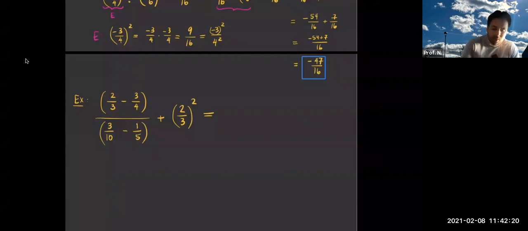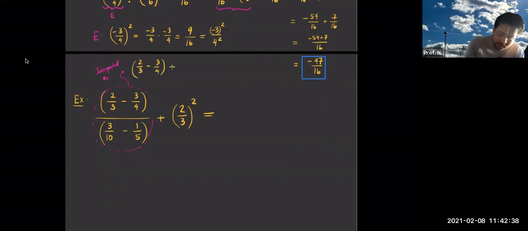So one way to interpret this whole thing here, you can also interpret this as 2/3 minus 3/4 in parentheses divided by 3/10 minus 1/5.